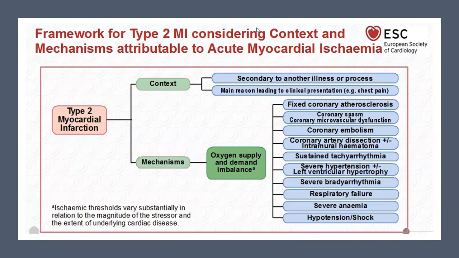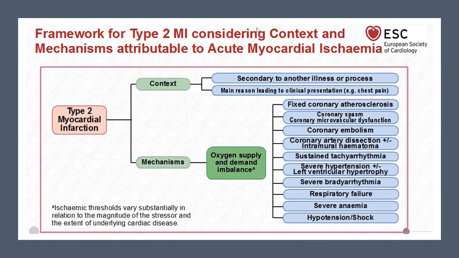In terms of the oxygen supply demand imbalance, we've gone through it. It's all the fixed coronary atherosclerosis, coronary spasms, embolization, severe hypertension. I would just like to highlight that because some of the patients from referral hospitals are actually thrombolysed because of just severe hypertensive changes with severe LVH on ECG, which is a common mistake that we see.